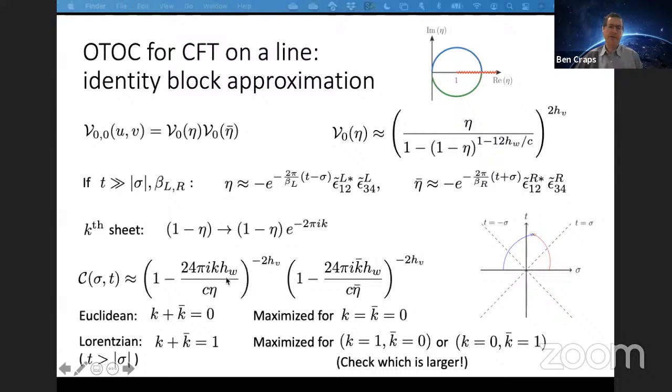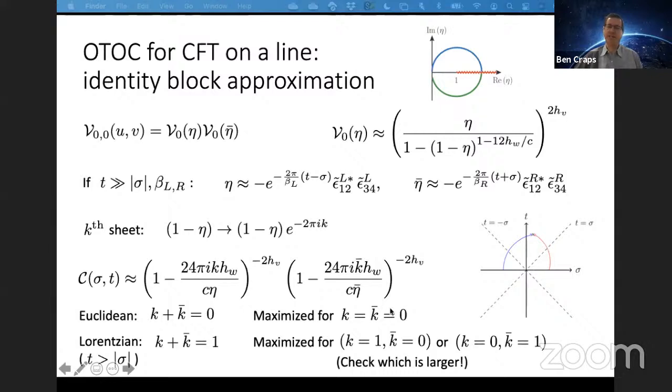So if you do these monodromies in the Euclidean plane, then eta and eta bar will remain each other's complex conjugates. So if you take eta across the branch cut, you will automatically also take eta bar across the branch cut. And that means that if you apply a monodromy, the sum of k and k bar will always be 0. And in the Euclidean version, the result is maximized, as you can see from these expressions, when k and k bar are both 0.